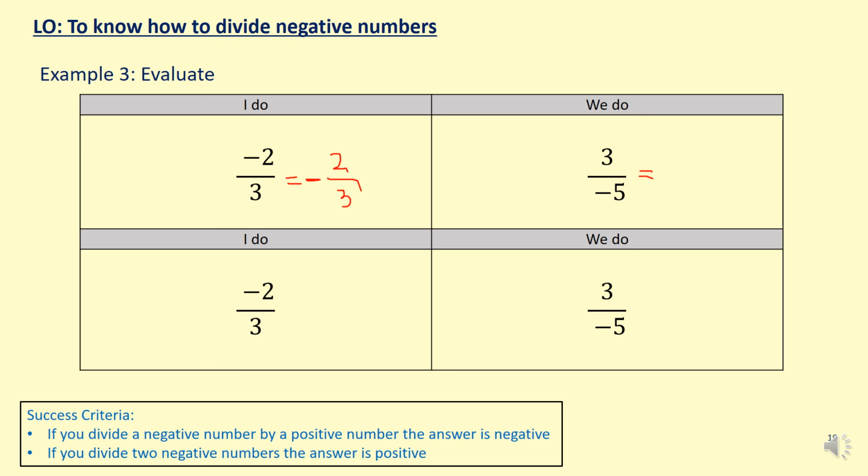I can't do anything about 3 over 5, so that stays as it is, 3 over 5 in the same order. Then I have positive divided by negative, which makes a negative answer. That negative sign should be exactly in front of the fraction line. And as you notice, these two are exactly the same as the first ones, so we're not going to do it.